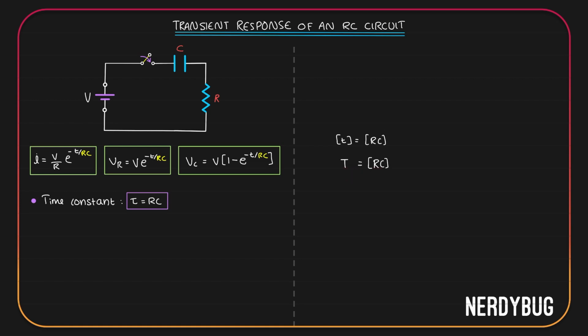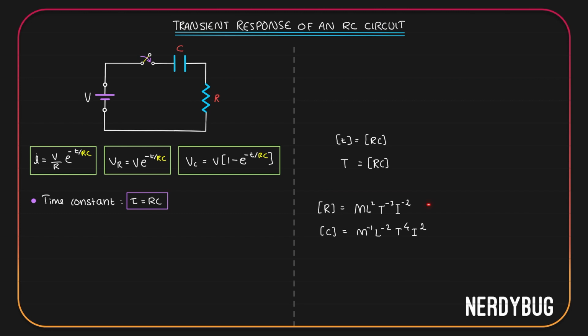Well, you could also think like this. Dimensions of resistance are M, L to the power 2, T to the power minus 3, I to the power minus 2. Also, dimensions of C are M to the power minus 1, L to the power minus 2, T to the power 4, I to the power 2.